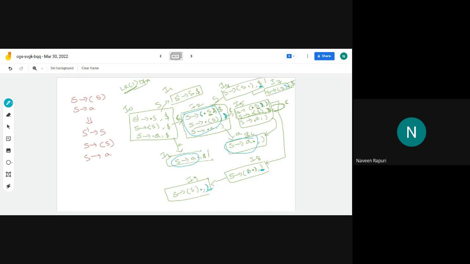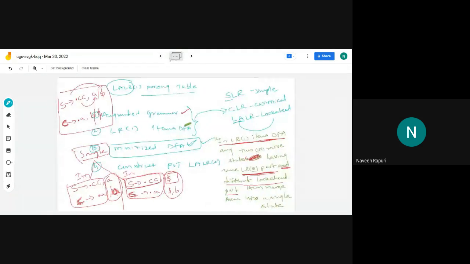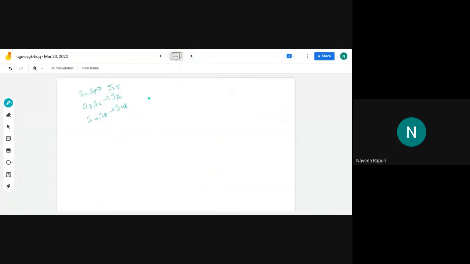Here it is closed parenthesis. Here it is dollar. I7 and I9 are also same, sir. So I7 comma I9 we can write as I79, sir.